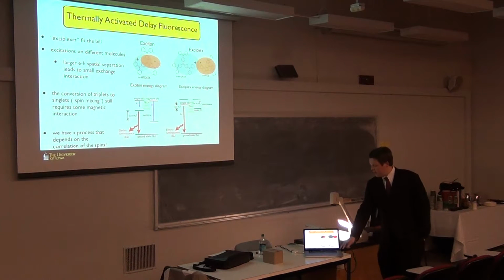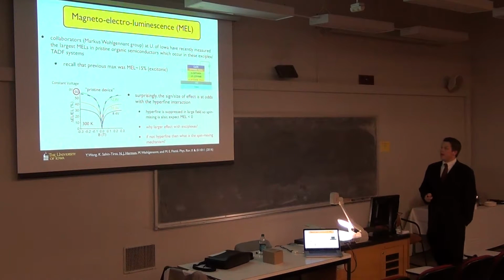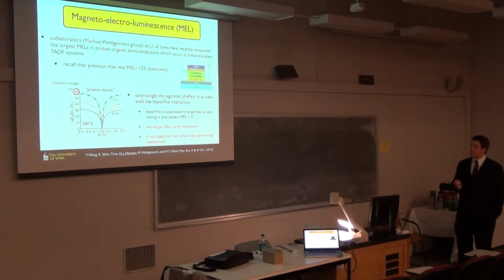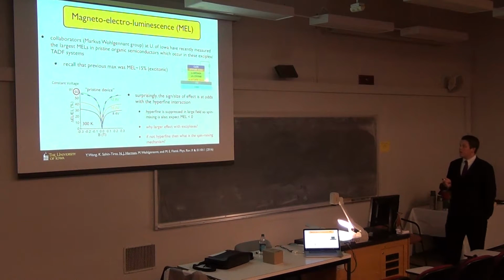So at this point, here's really what we've been doing in Iowa on the experimental side: we've looked at one of these TADF, thermally activated delayed fluorescence systems. This is one that's used popularly, m-MTDATA and 3TPYMB.